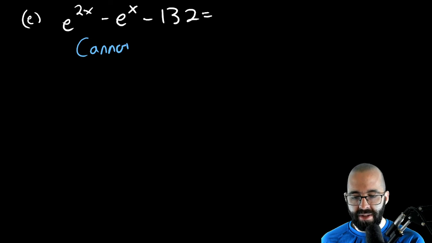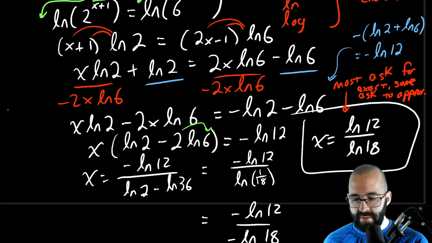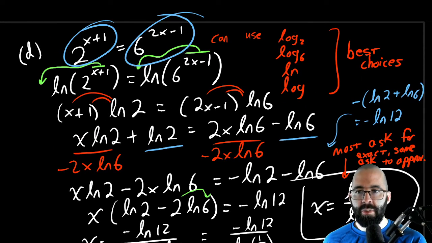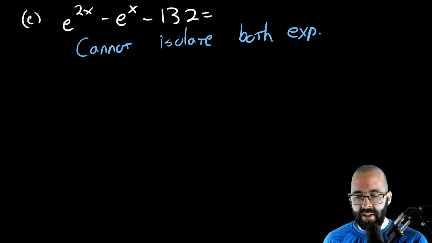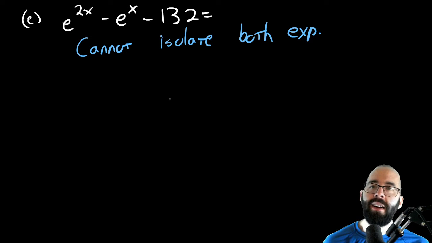Try it. You'll see what happens. Cannot isolate both exponentials. In the last one, there was no constant, so it was possible to get a single exponential function by itself on each side. This one has 2, but it also has a constant, so we can't isolate it.